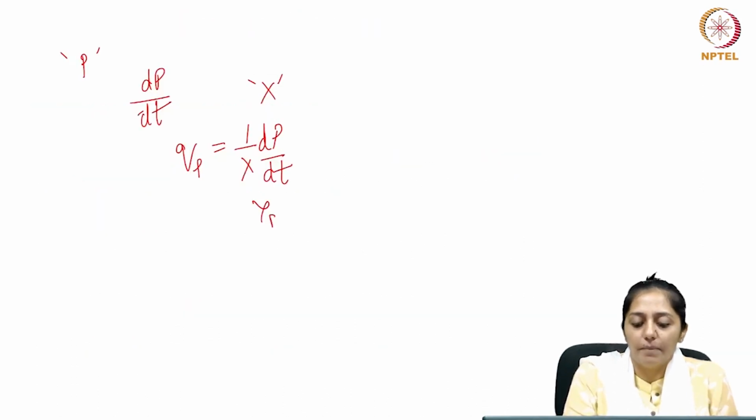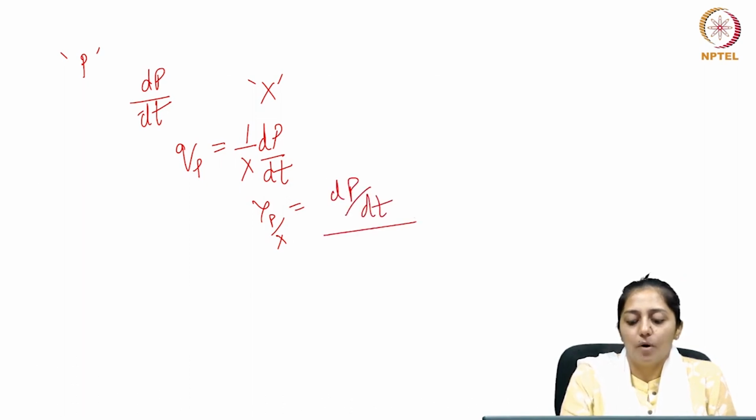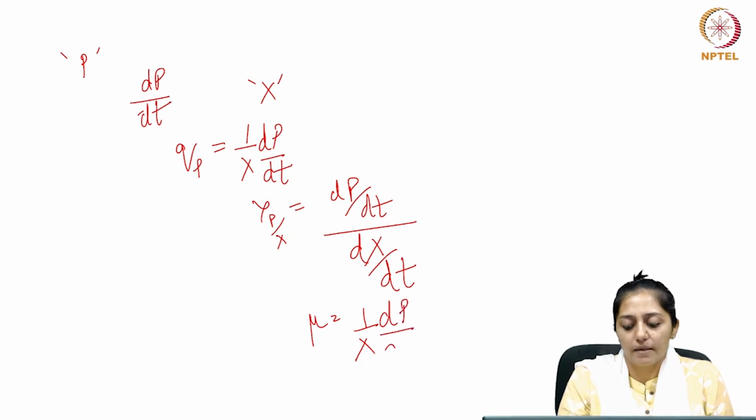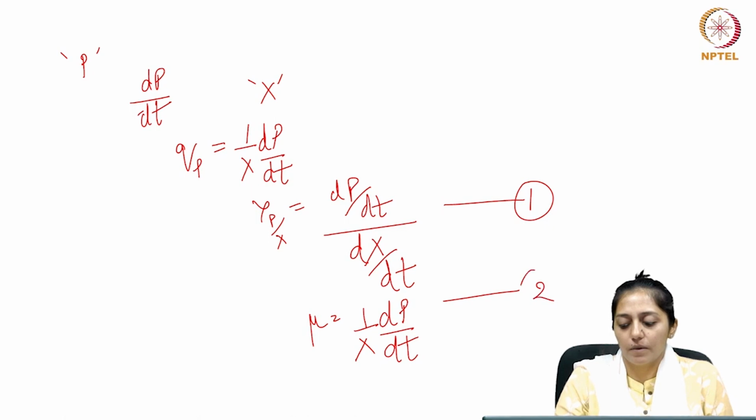Now, Yp by x is the amount of product formed per unit biomass produced. And mu, the specific growth rate, can be written as 1 by x dx by dt. This is equation 1, this is equation 2.